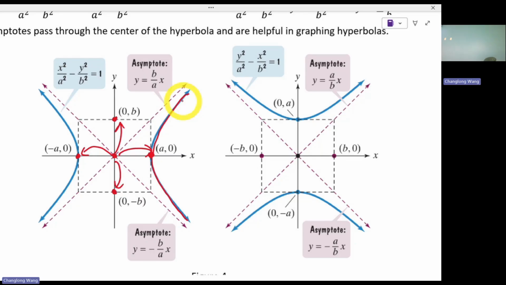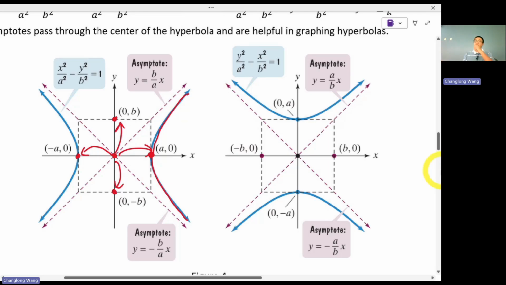Let it open to the right or left if it's a horizontally opening hyperbola. Or if it's a vertically opening hyperbola, start from a vertex, then let it open almost like a parabola, but let it open towards up or down, and you see that the two branches are going to be getting closer and closer to the asymptotes.